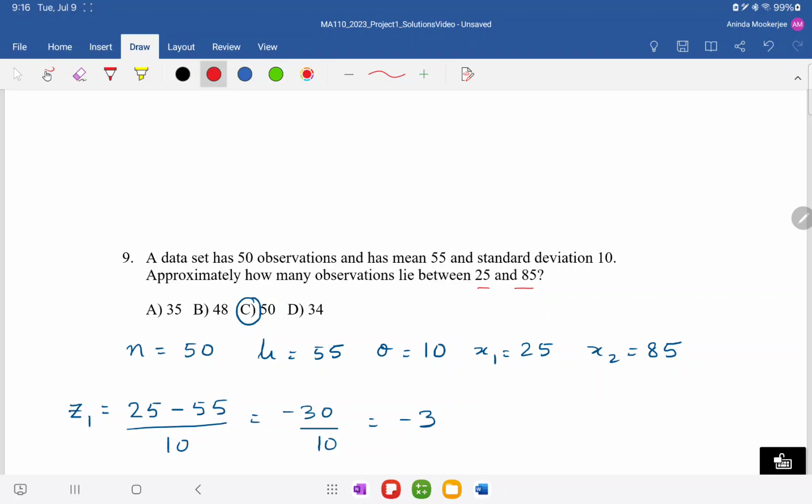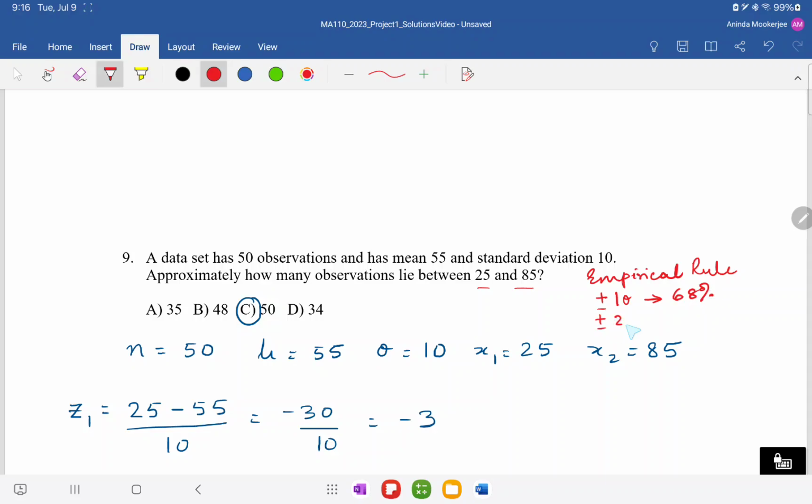All right, let's list that here. What did the empirical rule tell us about the percentage of observations that lie within plus minus 1 standard deviation, plus minus 2 standard deviations, and so on? Between plus minus 1 standard deviation lie 68% of the observations.